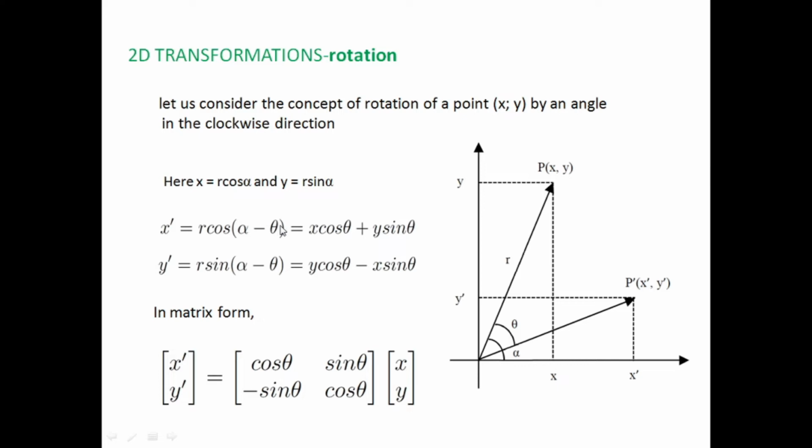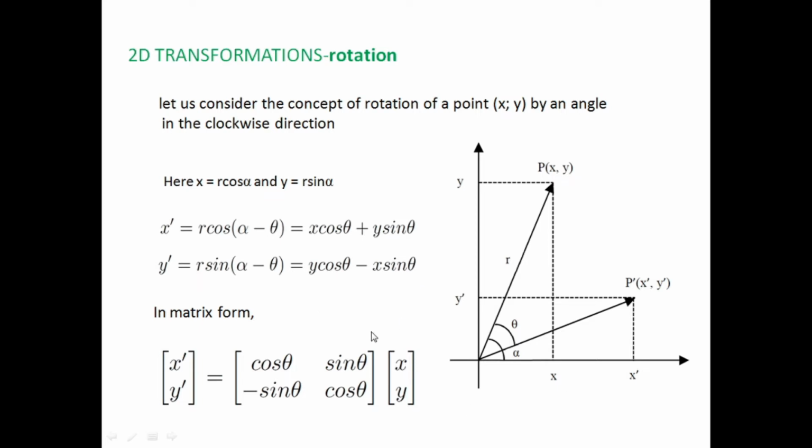Cos of a minus b is cos a cos b plus sin a sin b. After substituting r cos alpha as x and r sin alpha as y, I get x dash equal to x cos theta plus y sin theta. Similarly, y dash is y cos theta minus x sin theta.